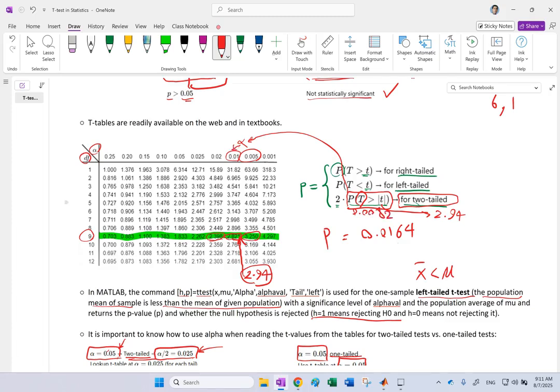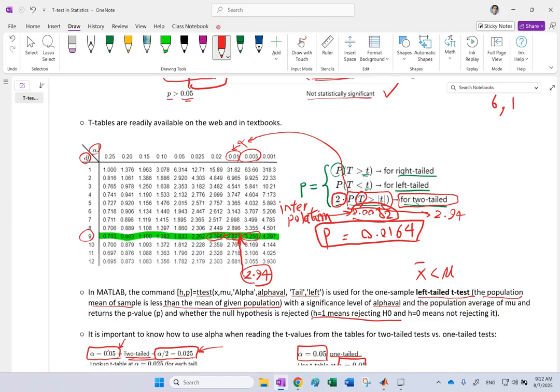It's a little bit closer to 0.01 than 0.05, and that's because 2.94 is closer to 2.82 than 3.25. So that is the number that you will get, and you multiply it by 2, and guess what? You get this number. So first you get this number by interpolation, and then you multiply by 2. And that is how you read the p-values, by interpolating from this table.